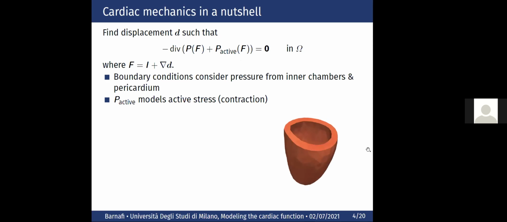This can get really complex, so I'll just give you two aspects that are fundamental here. The boundary conditions have to consider the pressure inside the tissue given by blood, okay? And there's a boundary condition on the outside that takes into account the friction with the pericardium. And that's it. That's cardiac mechanics in a nutshell. We're looking for a displacement that gives a response like this one here.